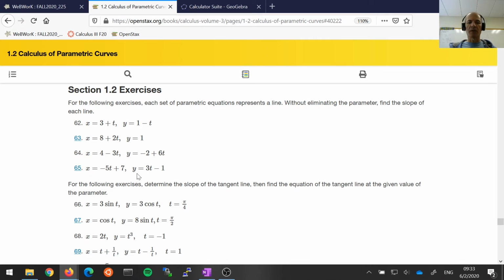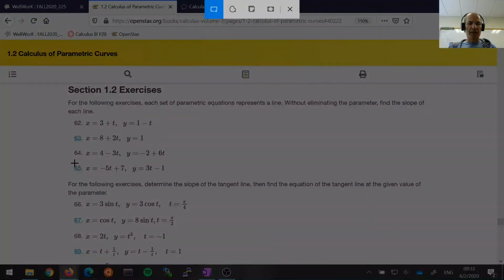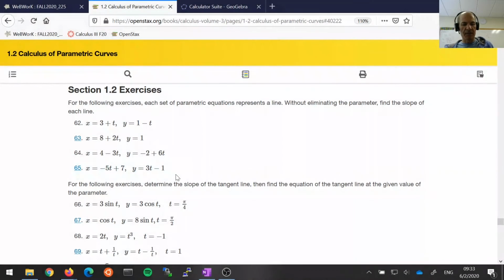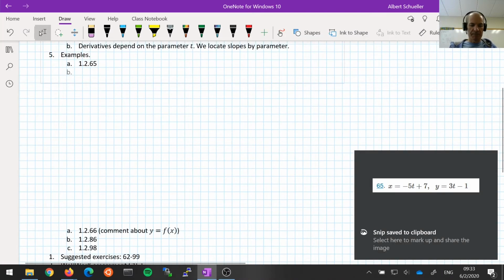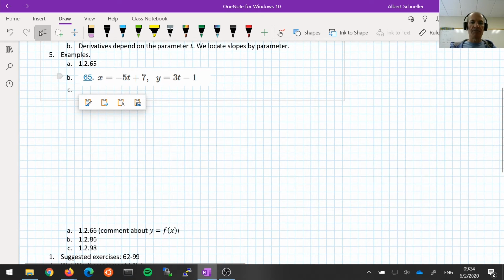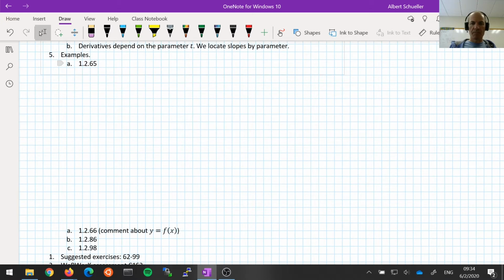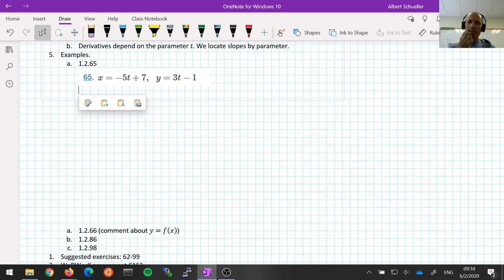So these all correspond to some kind of line, y equals mx plus b. So let's find the slope of each line. In particular, let's find the slope of exercise 65. Let's make a copy of that, stick it in here, and focus on how we can find the slope.